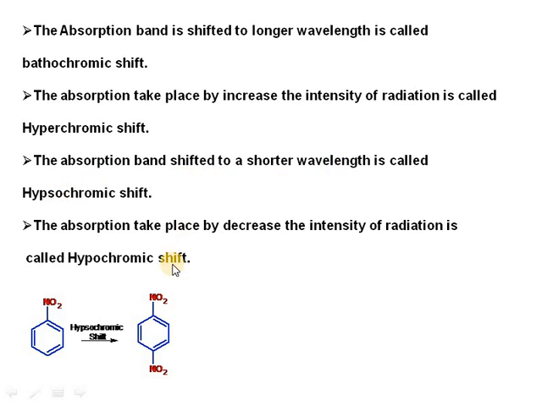So nitrobenzene has a value found to be 270 nanometers, right? But para-dinitrobenzene shows 261 nanometers.